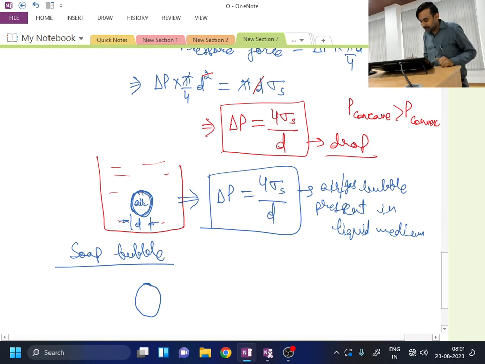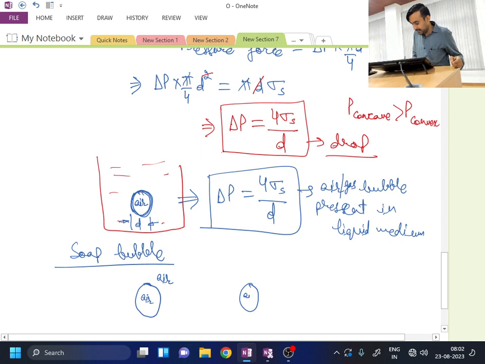Inside this you have air, outside this also you have air. So here how many interfaces do you have now?